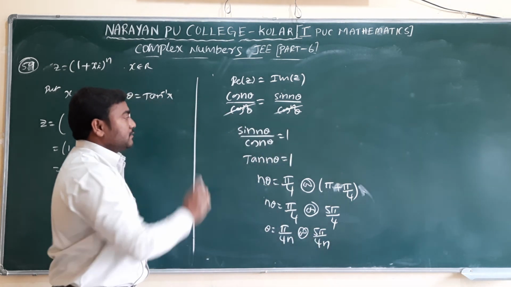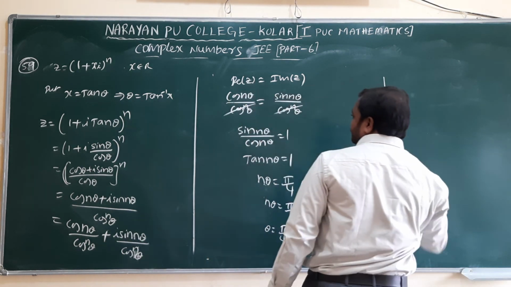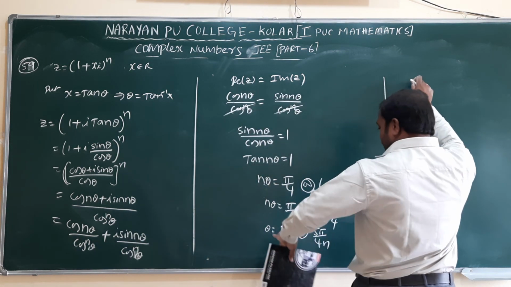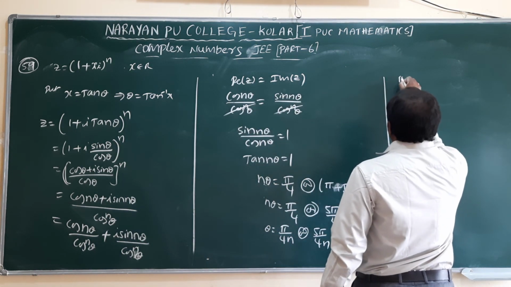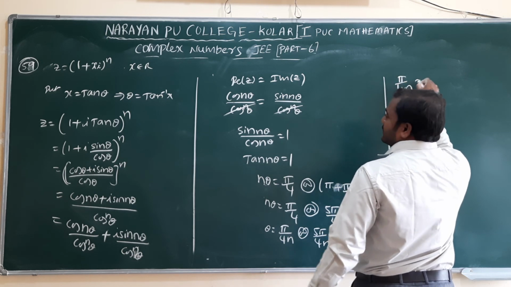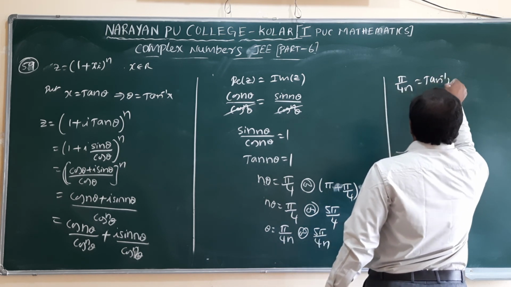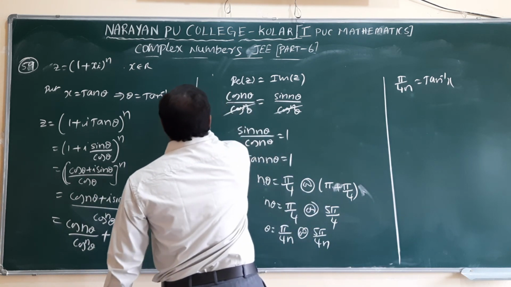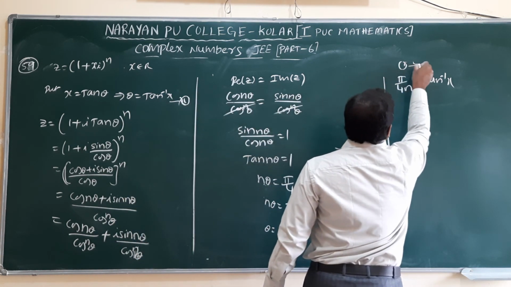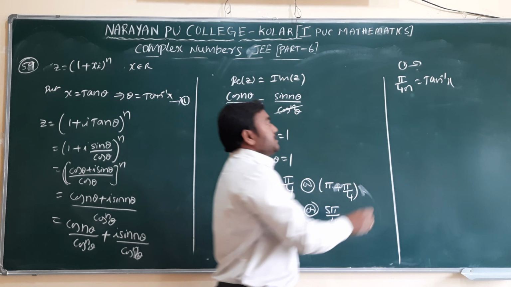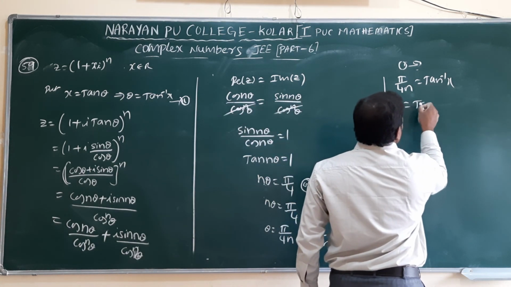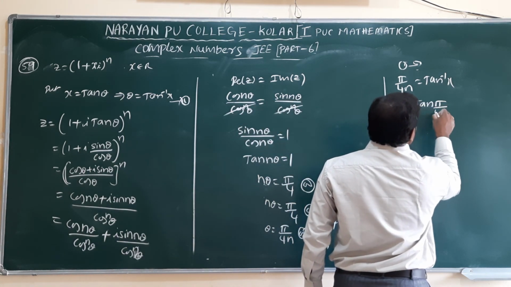Now substituting the value in theta, pi by 4n is equal to tan inverse of x. We have taken this as equation number 1, so from 1, x is equal to tan(pi by 4n). Another value of theta is 5 pi by 4n. Substituting in equation number 1, tan inverse of x is 5 pi by 4n, so x is equal to tan(5 pi by 4n).